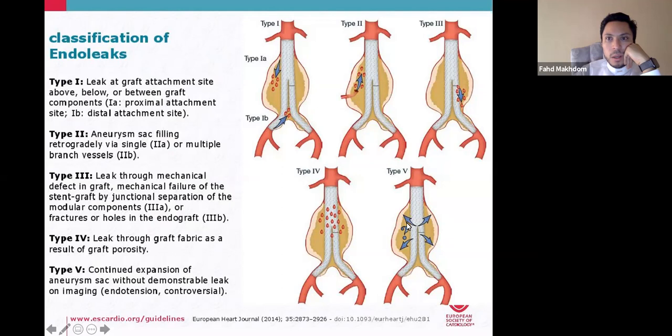Type 3 is between the grafts. Type 4 is through the porosity of the graft, and type 5 is the unexplained. So you do have tension in the aneurysm, but there is no obvious source for the leak.